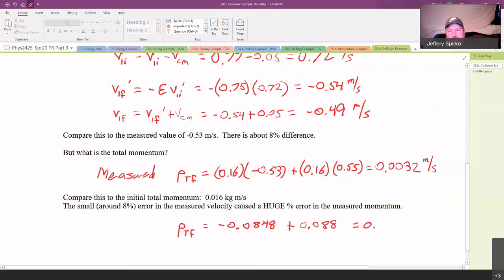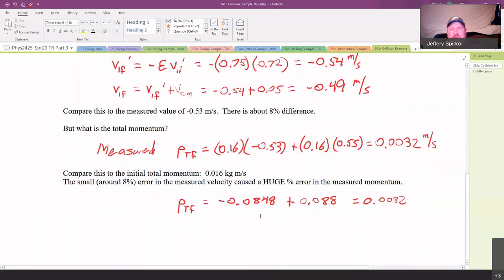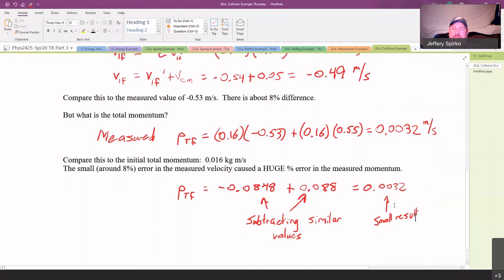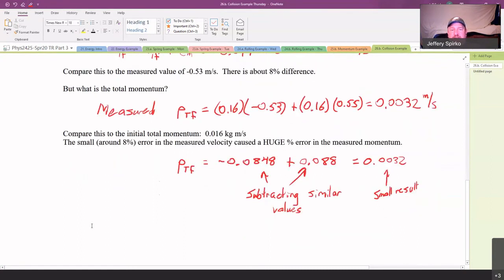And that's the 0.0032. So effectively here we're subtracting similar values, and we're getting a small result as a consequence of that.